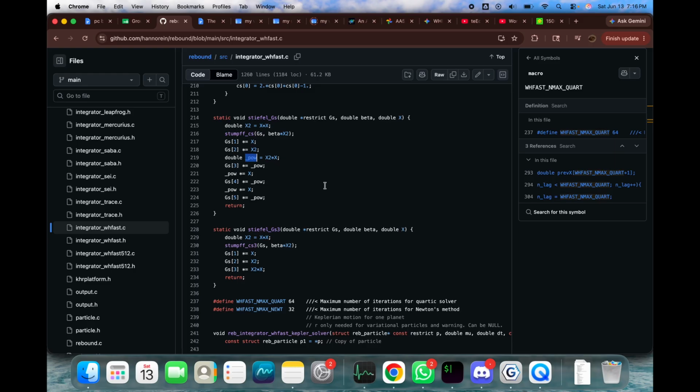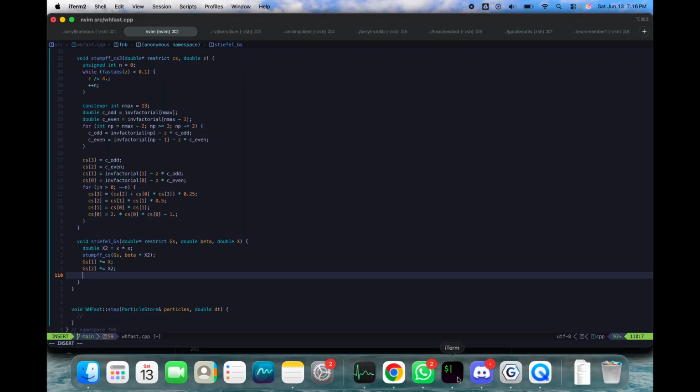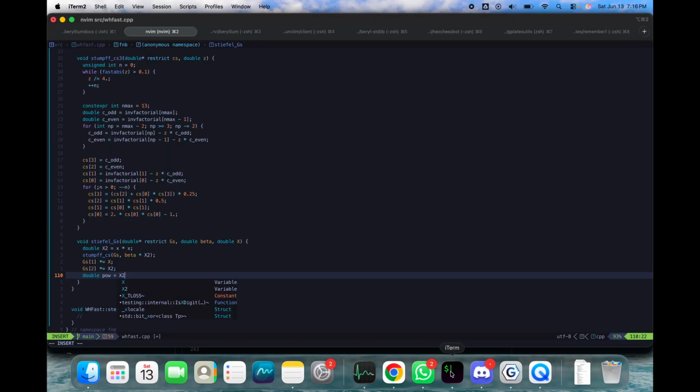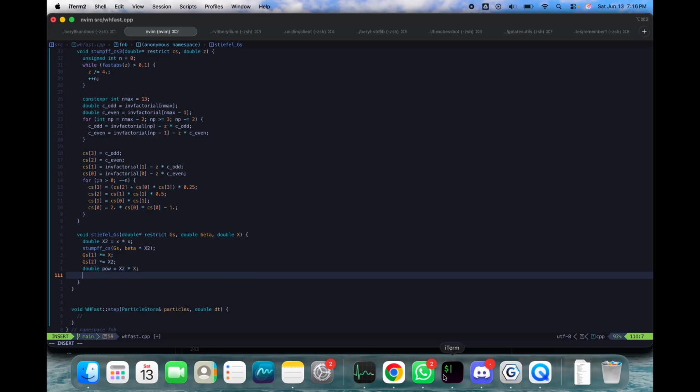Oh, that's interesting. I don't know why. I think it's because of C standard library stuff, but double pow should equal x2 times x. And now GS index 3 times equals pow.